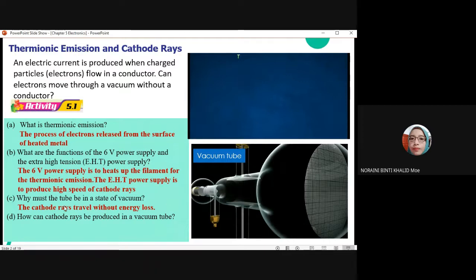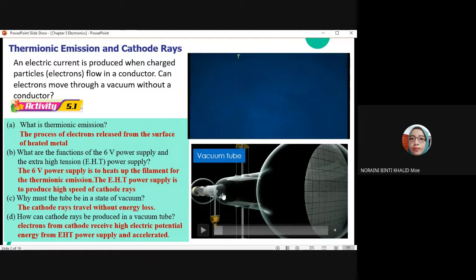So cathode ray travels without energy loss. How can cathode rays be produced in vacuum tube? As you can see, electron is accelerated from cathode to anode when receiving high electric potential energy, then passes through the focusing anode to form a beam of electrons that travel at high speed.